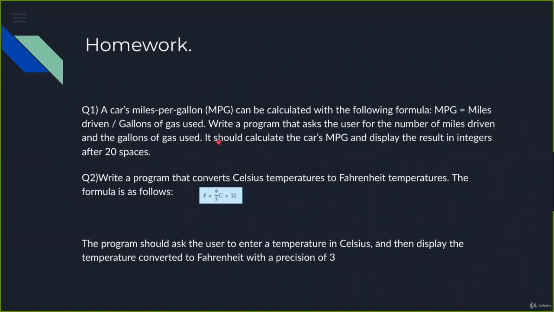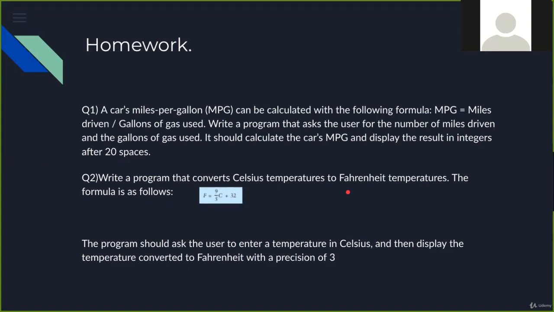So the first question, I expect you to calculate the miles per gallon. You can read out the question. I have given you the formula on how to do it, and I want you to format the result in this way. The second one is temperature conversion from degrees Celsius to Fahrenheit.